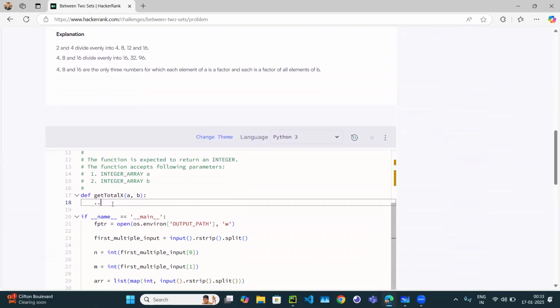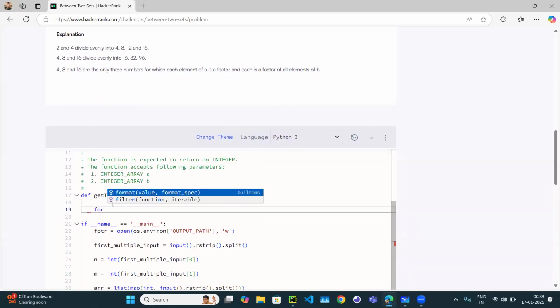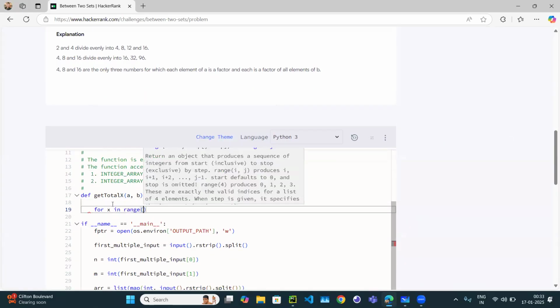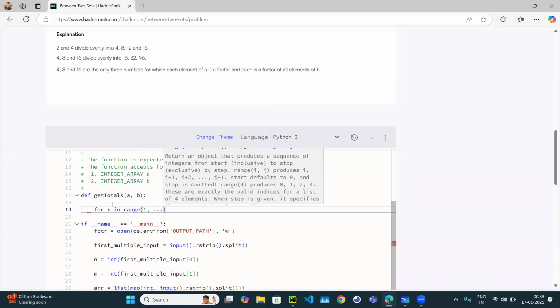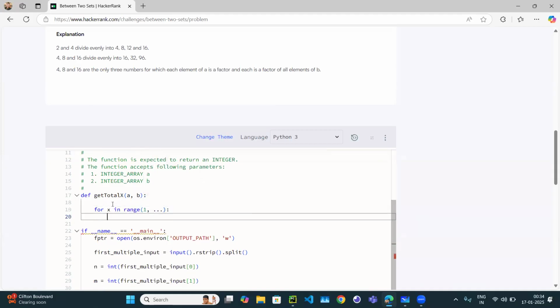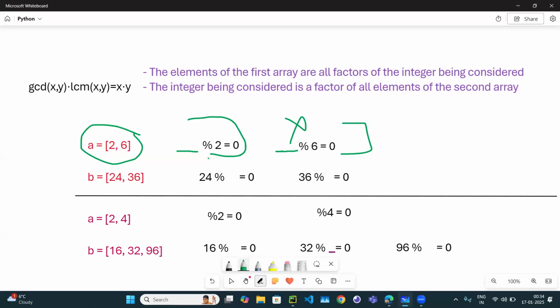What I'm saying is, in the brute force approach I have to test all the numbers, let's suppose 1 to infinity. But I want to optimize a little bit more, because I don't want to try all the numbers 1, 2, 3, 4, 5, 6. I know the starting point should be the maximum of this number.